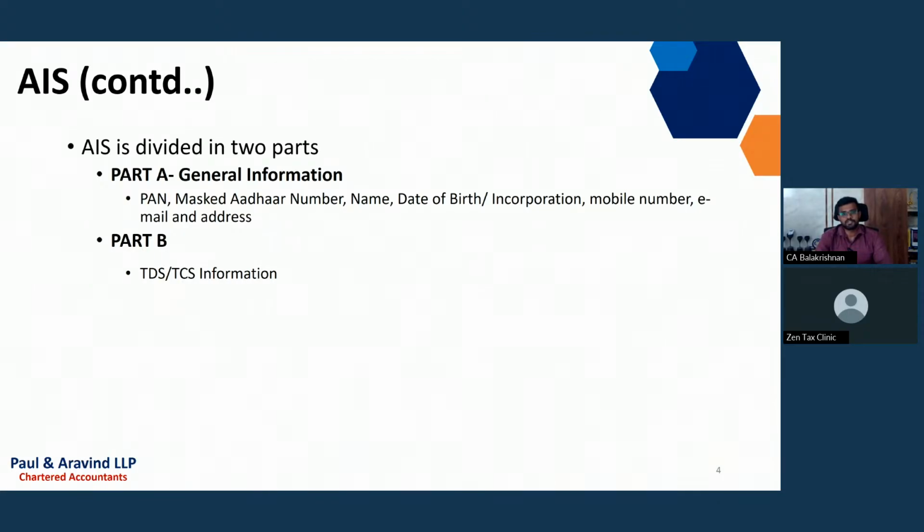If a deductor has deducted TDS or collected TCS, then it will be reflected in AIS. This TDS and TCS is also reflected in 26AS. We will see in further slides what 26AS is and the difference between AIS and 26AS, all at a later point of time.